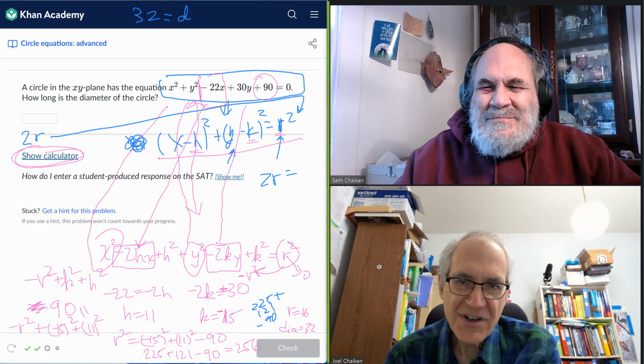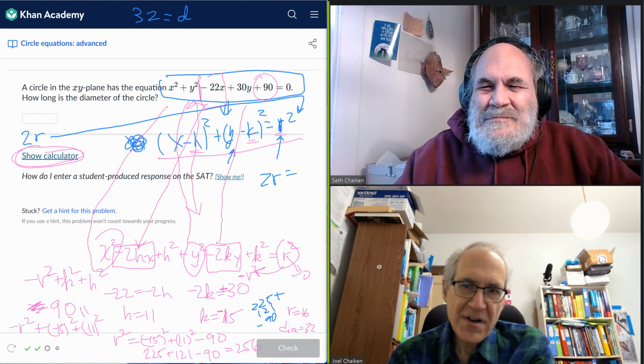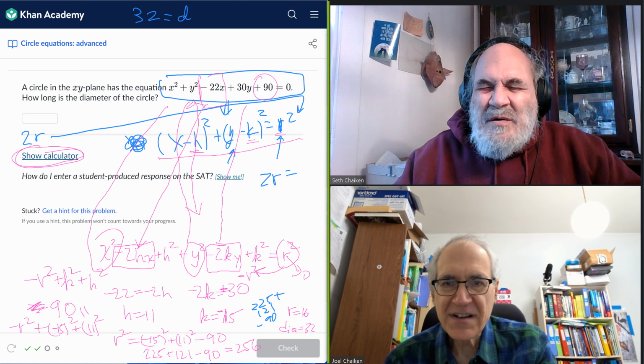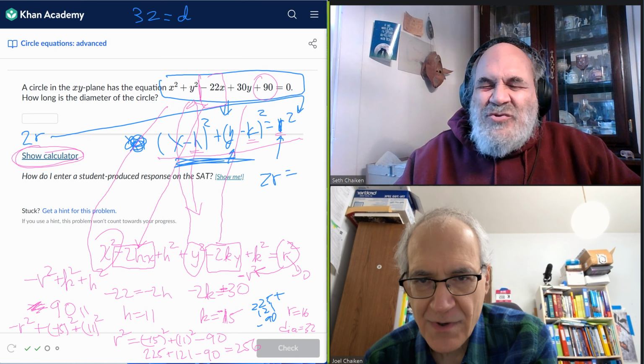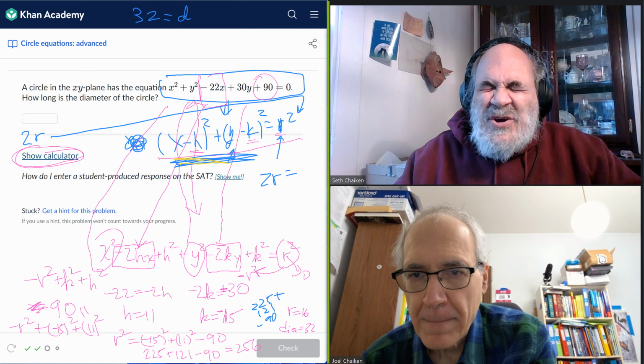Matching coefficients is usually used in problems where it's more obvious how you would match coefficients, but not this one. Well, the clever one is that completing the square is a special case of matching coefficients.